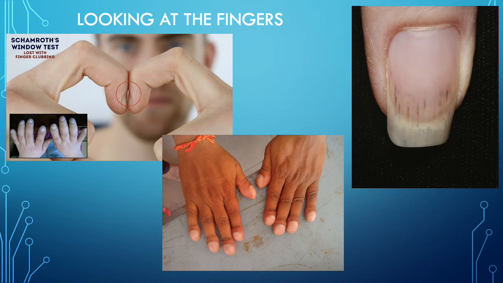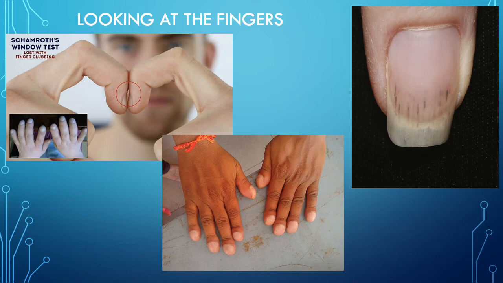Now when you have clubbing, like the picture below, the picture in the center, the nails start to have a strange growth due to the fact that they are chronically without oxygen. So this is a sign of chronic lack of oxygen getting to the periphery of the body system. So you may see it in people that have chronic lung conditions and things like that as well.